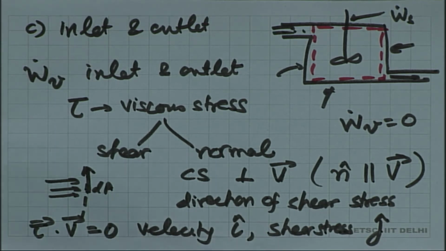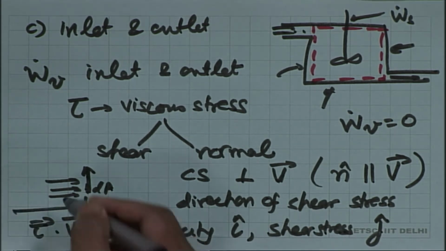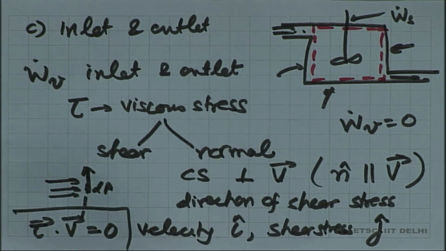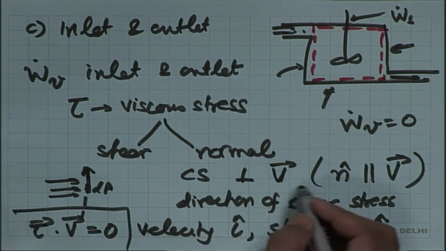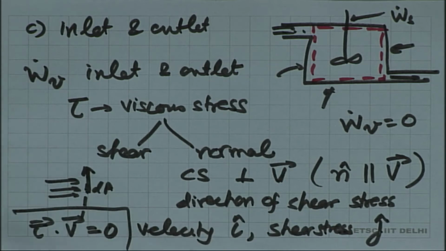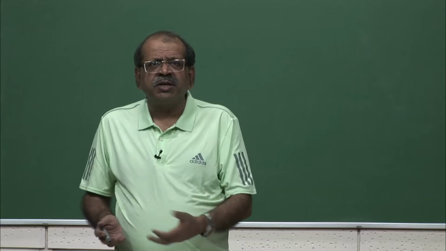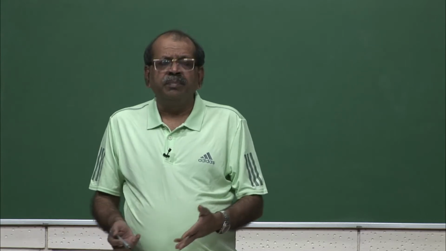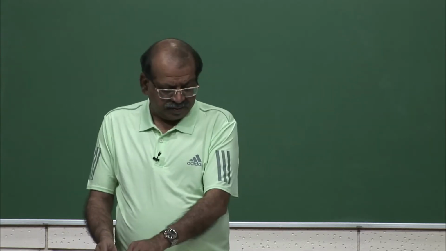So, this product will be 0 in a case like this. If we have a control surface which is perpendicular to the flow, then the shear stresses will do no work because of the direction of velocity.